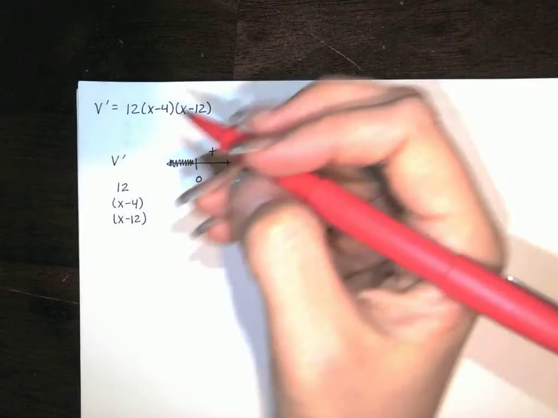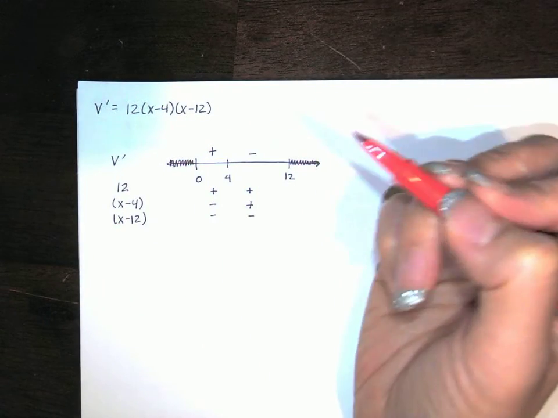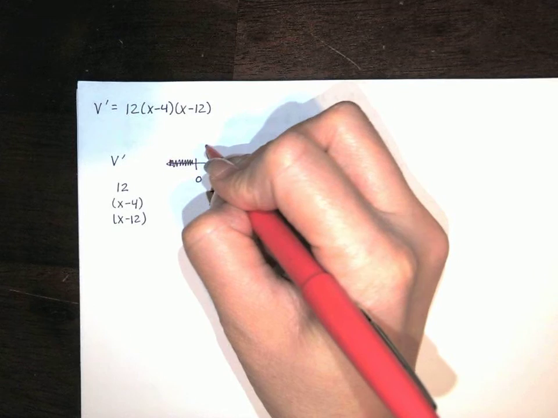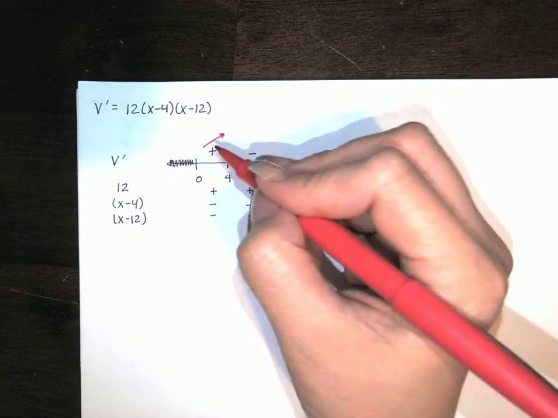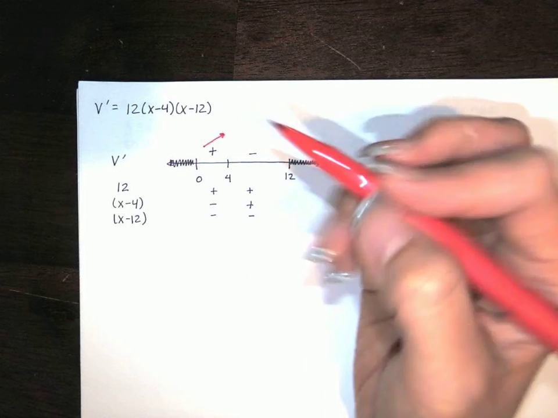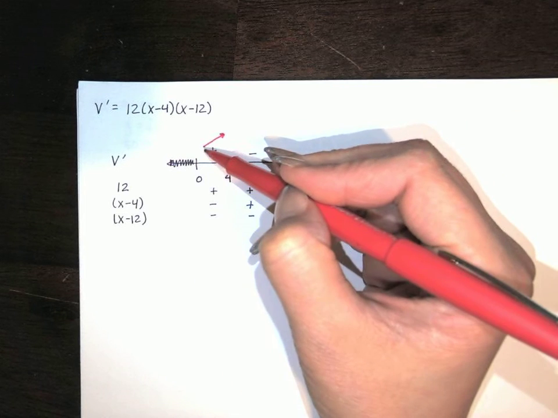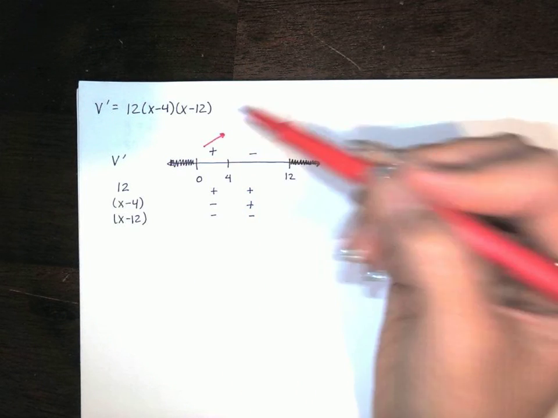Well, if v prime is positive, that tells us that the original function for volume is increasing. Because remember, the sign of the derivative tells us whether the function is increasing or decreasing. If the derivative is positive, all the slopes on the graph are positive, so that function is going up.